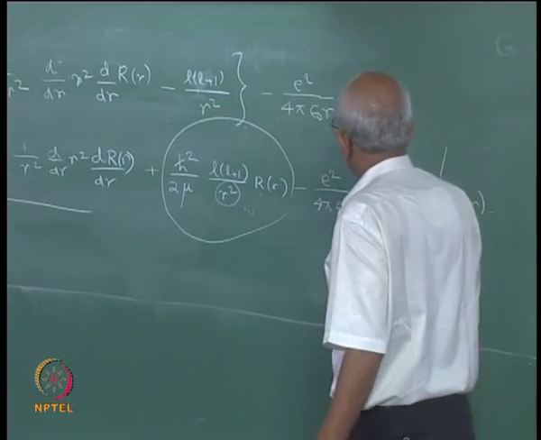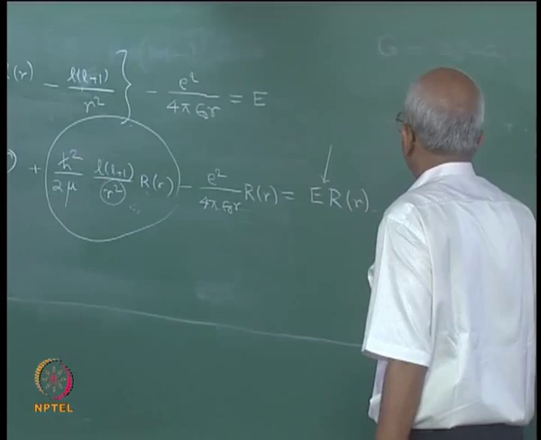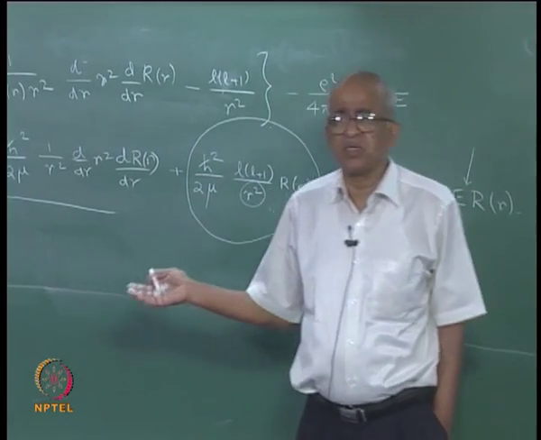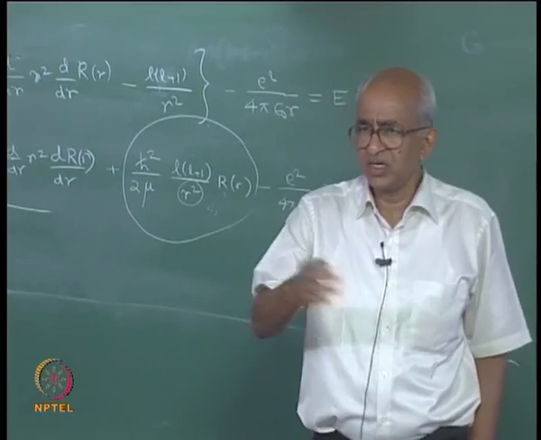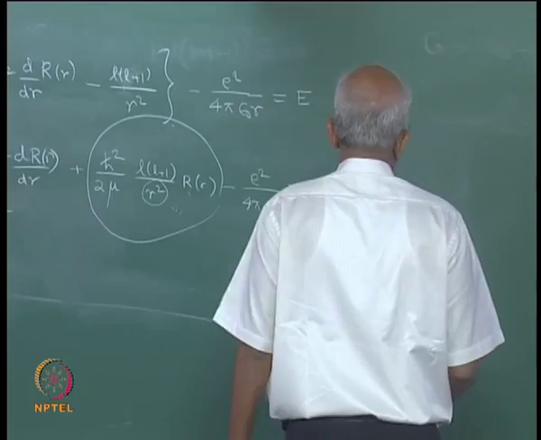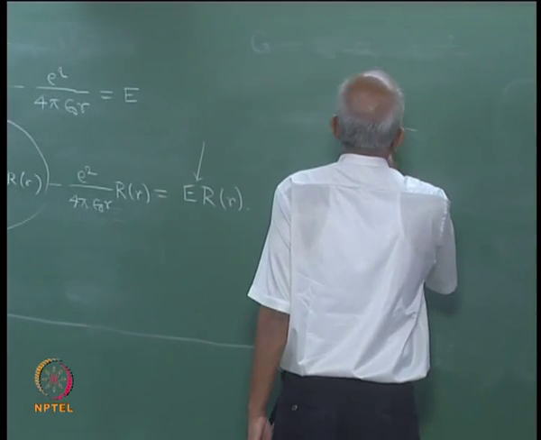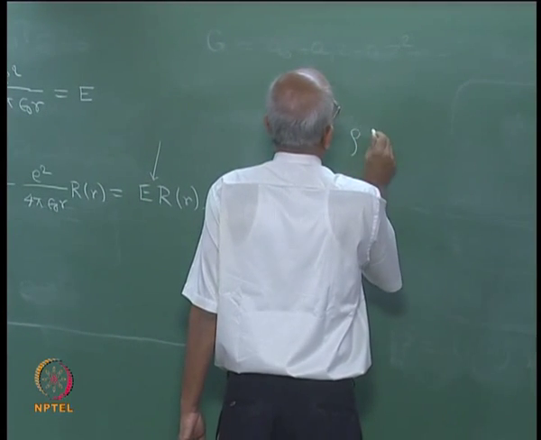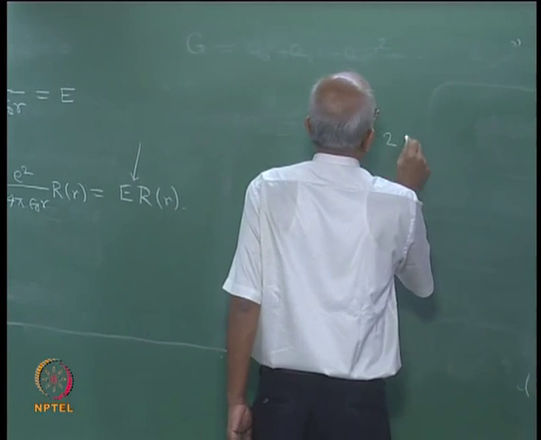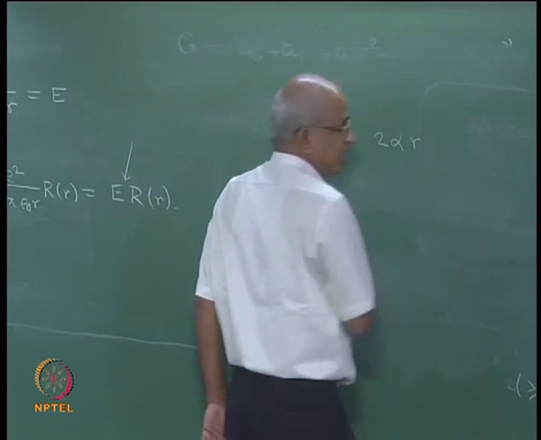Okay. And now, let me try to solve this equation. If you look at this equation, you would realize that there are many constants. I want to get rid of all of them, as far as possible. So, we will make a substitution. What is the substitution that we will make? We will say that we have a new variable which I will denote by the symbol rho, and say that that is equal to 2 alpha times r.